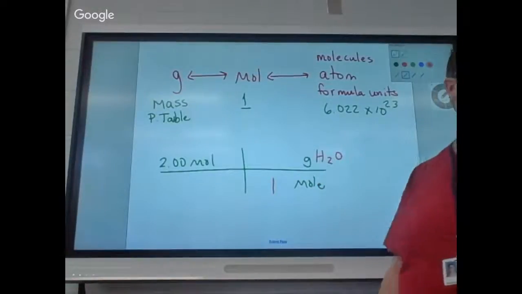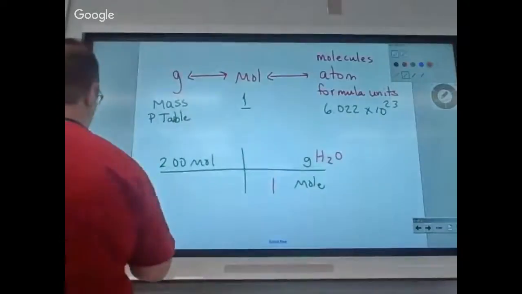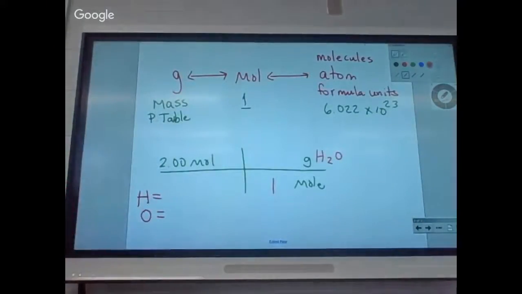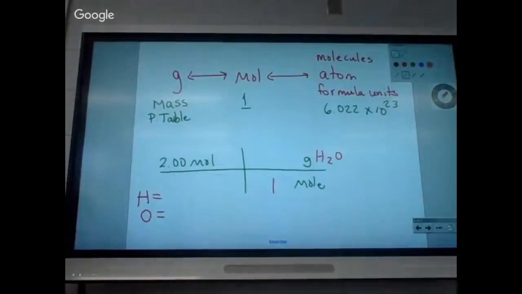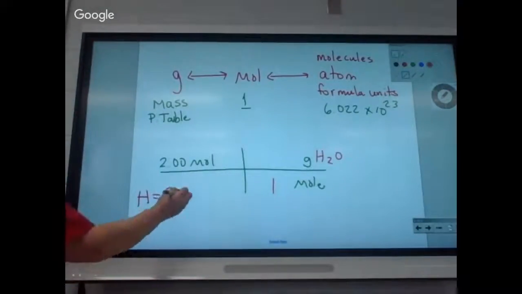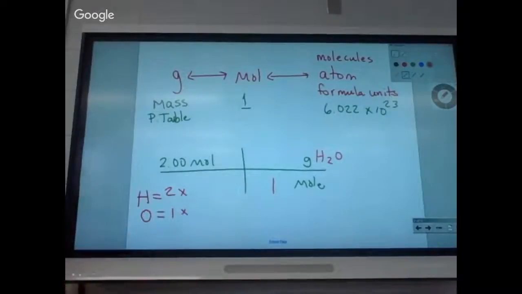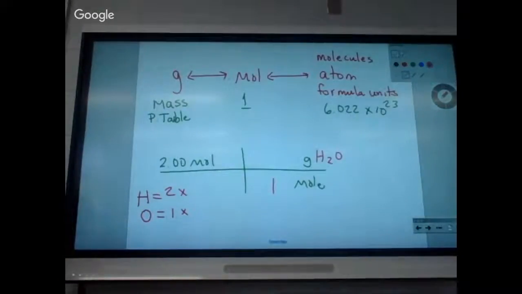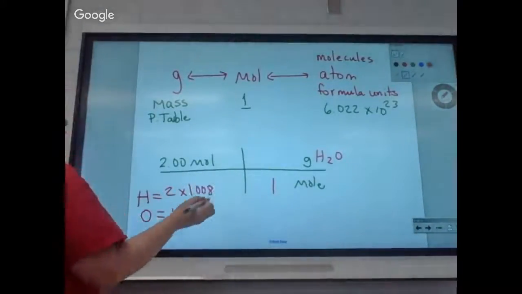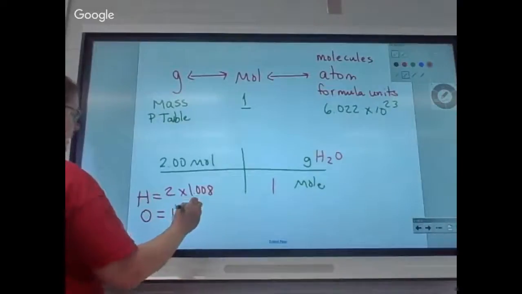This is the piece we learned yesterday. We have to take hydrogen and oxygen. We've got to break its mass apart. So how many H's do we have in that formula? 2. How many oxygens do we have? 1. So times the mass of each, which now we look up on the periodic table. So what's hydrogen's mass? I don't even use all the decimal places. 16.